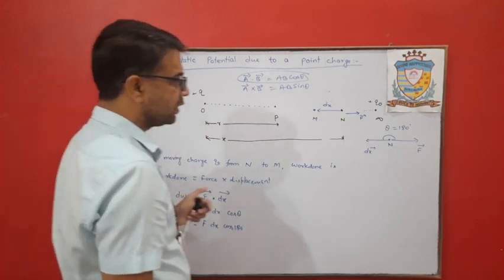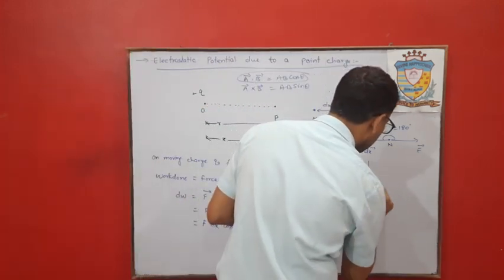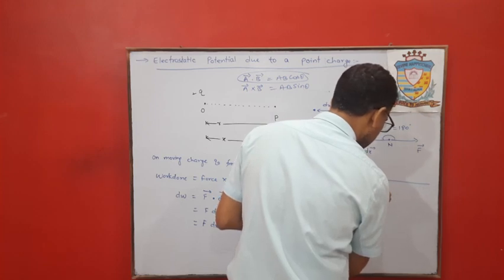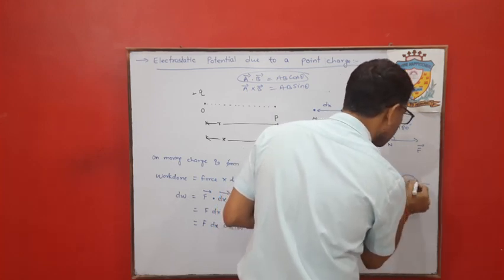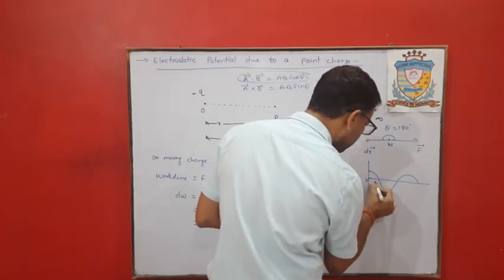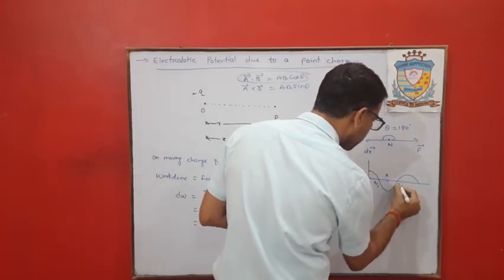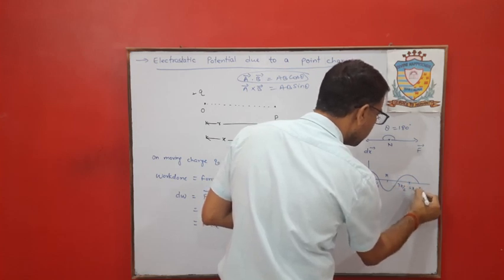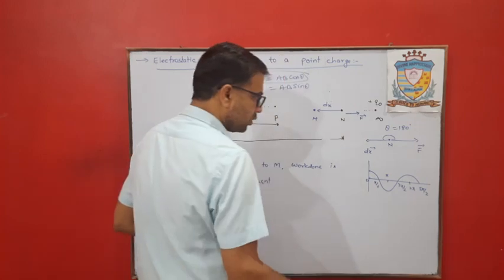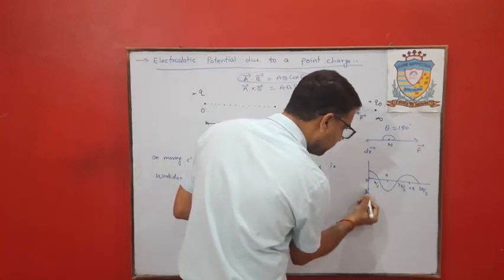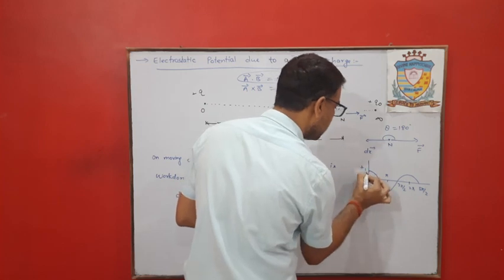What is the value of cos 180 degrees? We can find it with the help of the graph of cosine. This is the graph of cosine: 0, pi by 2, pi, 3 pi by 2, 2 pi, 5 pi by 2, and so on. Here you can see at pi its value is minus 1, and here it is plus 1.